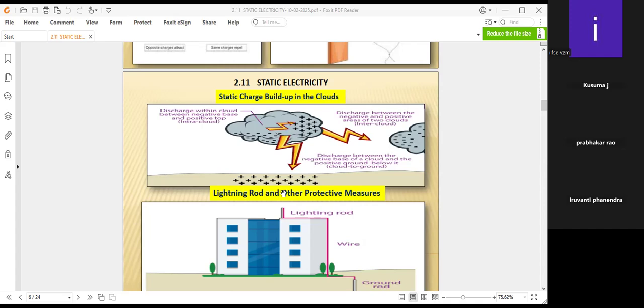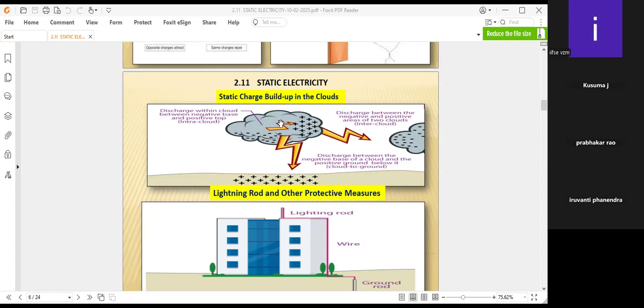And then cloud to ground. It's a very important area. Three areas: static charge build up in the clouds, how the static charge is built up in the clouds itself before the lightning. Tomorrow we'll talk about the lightning also.